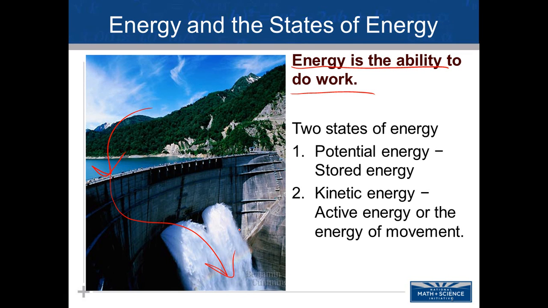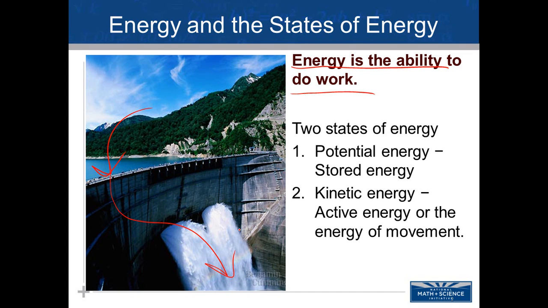While there are two states of energy, we can also talk about the form of energy. Mechanical energy is the energy of an object due to its motion or restrained motion. For example, a book sitting on a shelf, you don't see it moving, but it has mechanical potential energy.